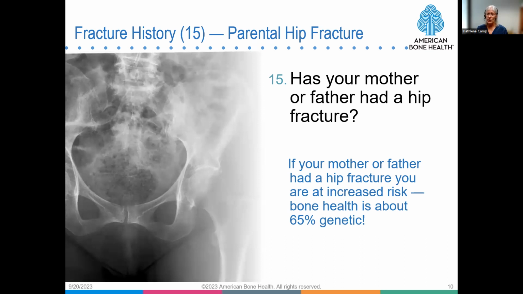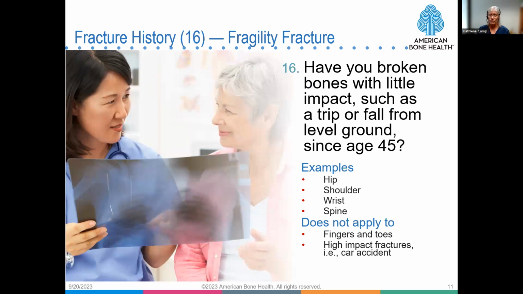Family history and genetics are important factors that determine your risk of fractures. About 65% of your bone density is a result of genetics. Family history of broken bones means that you're at a higher risk. So if your mother or your father had a hip fracture, you are at increased risk. And then personal history.